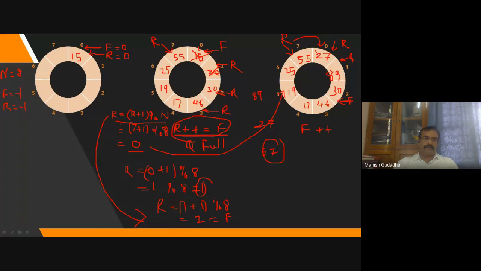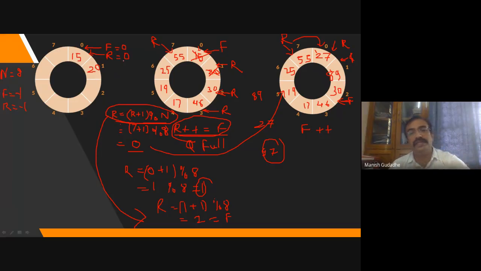So this is a formula which you'll have to keep in mind. R will always be incremented in a fashion that R plus 1 modulo size. Let us say that here I'll do this case. I am inserting 20 here.